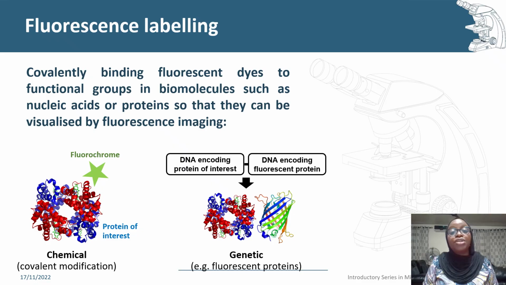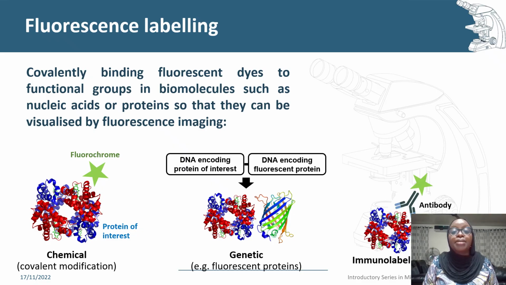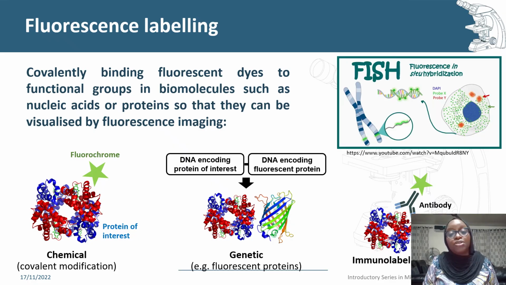Here, fluorescent proteins are genetically encoded, and you can have immunolabeling. Here, antibodies are labeled with a fluorophore. This also brings us to FISH, which is fluorescence in situ hybridization, a laboratory technique for detecting and locating a specific DNA sequence on a chromosome.